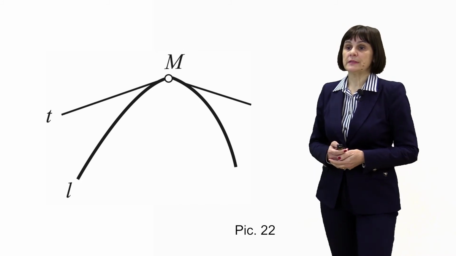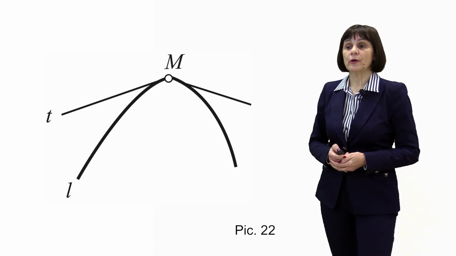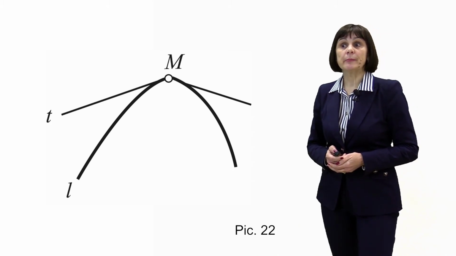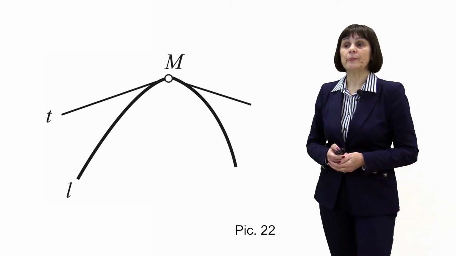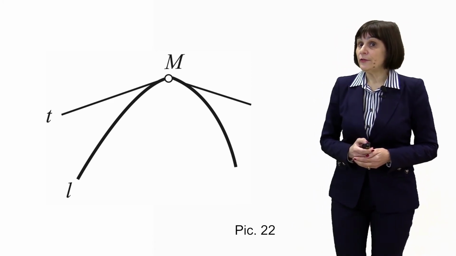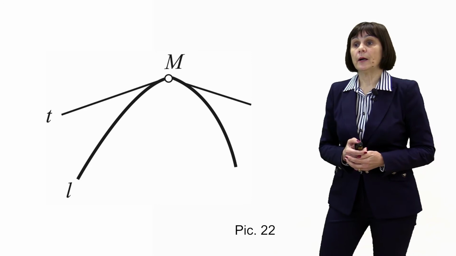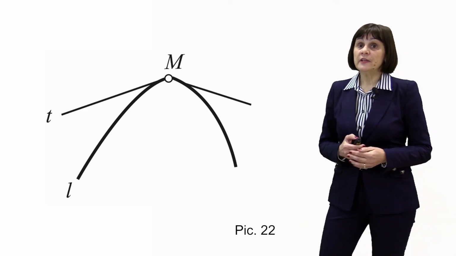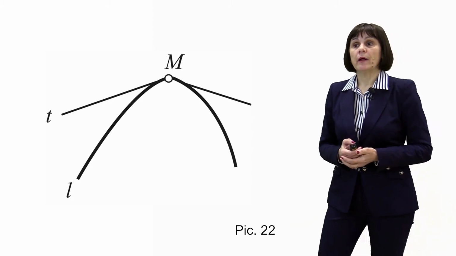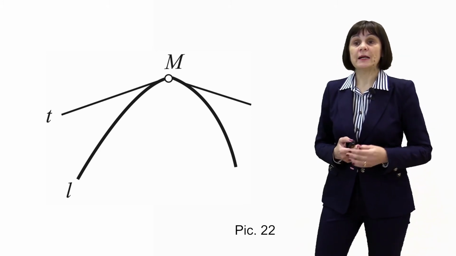The second property: the secant plane and the tangent to the curved line are projected respectively into the secant plane and the tangent to the projection of the curved line. And the third property: infinitely distant points of a curved line are projected to the infinitely distant points of its projections.